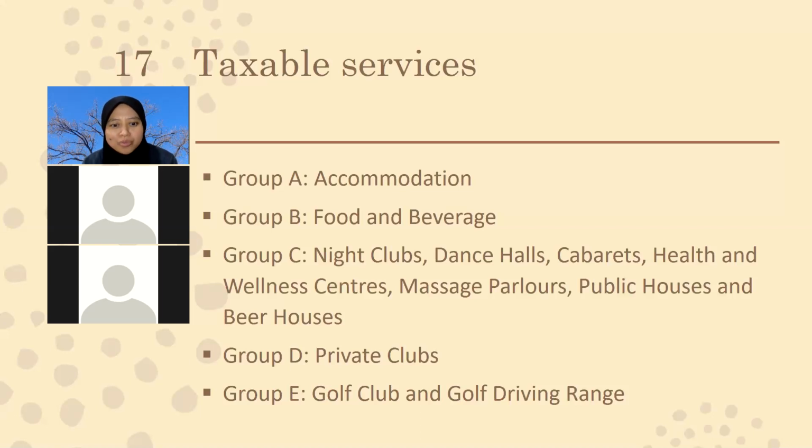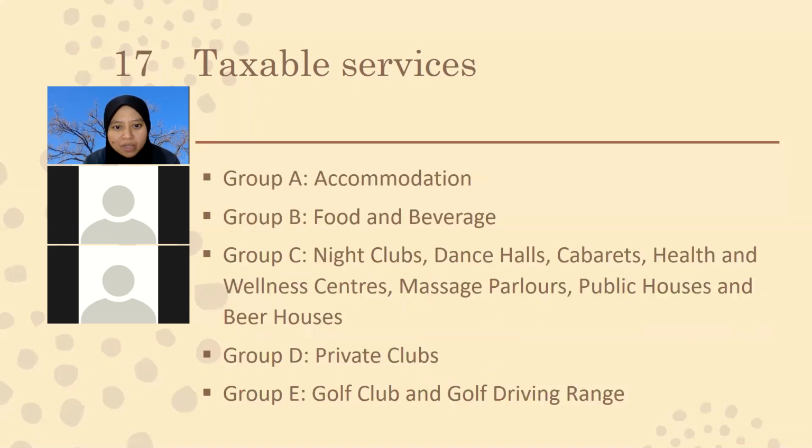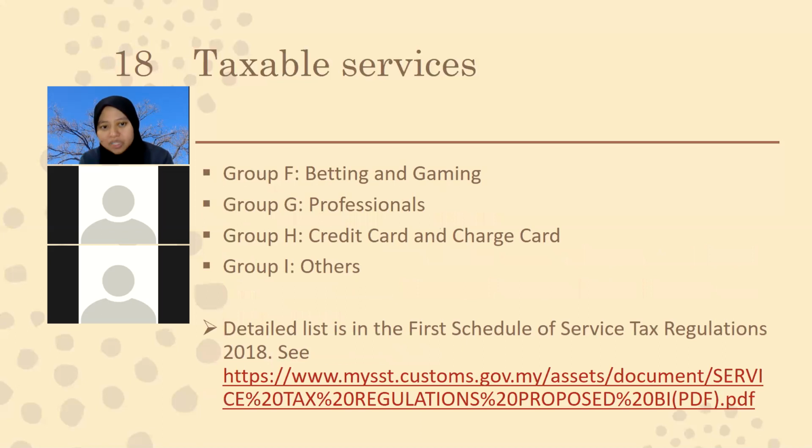Group D, private clubs. Group E, golf club and golf driving range. Group F, betting and gaming. Group G, professionals. Group H, credit card and charge card. And Group I, others. The details, we will see later on. But I think the most complicated one is Group G, professionals, which is a bit complicated to understand.